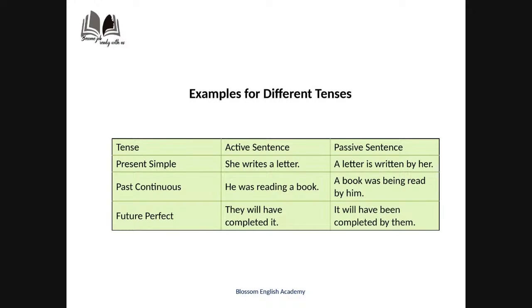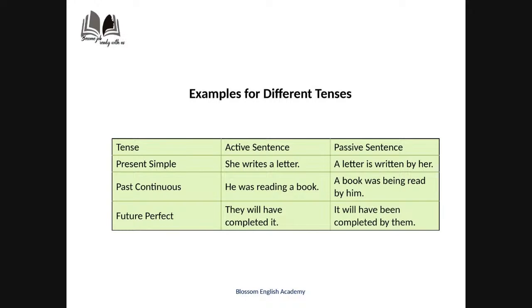And next, you have your future perfect tense. They will have completed it. Okay, they're talking about some action, and that action has been completed. Okay, so the action, it, could have been a task, so it would mean any kind of assignment. So it is your object here.